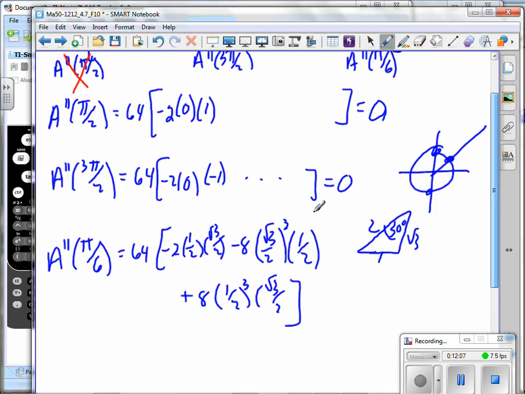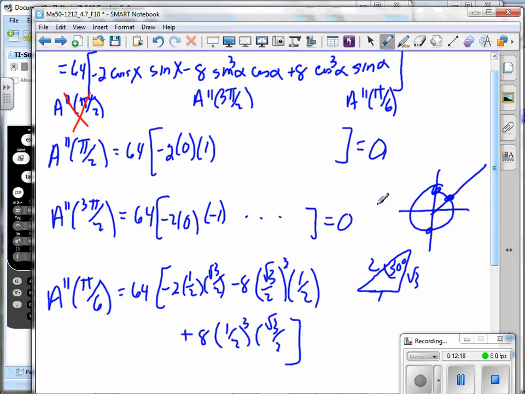If you can read my chicken scratching here, or do your own. But come up with what this... yeah, Brandon? Do I have them backwards? If I have pi divided by 6, that's my 30-degree angle. So sine, I did that, didn't I?